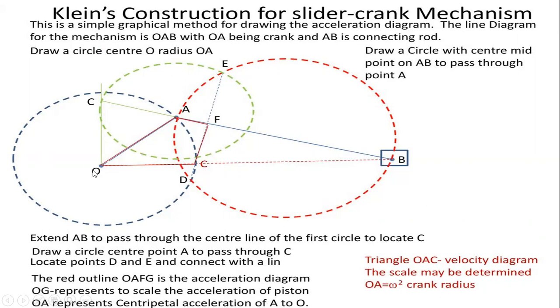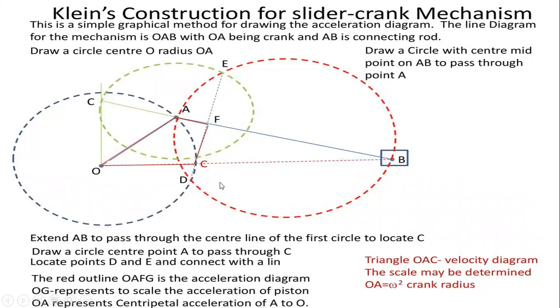We are taking OA as the crank here and AB as the connecting rod, and OB is the fixed link taken here. So this is the triangle with OA being the crank and AB the connecting rod.